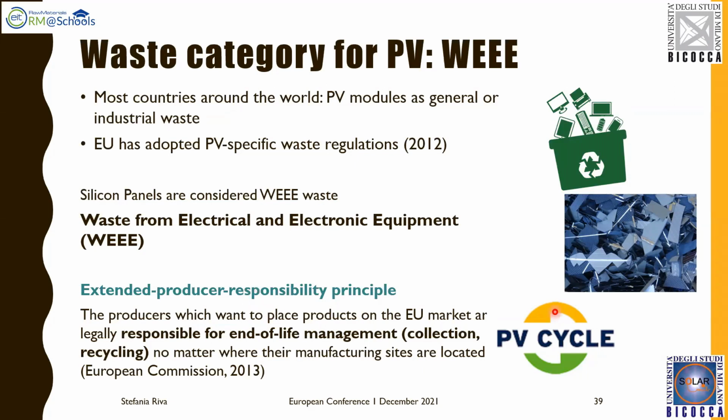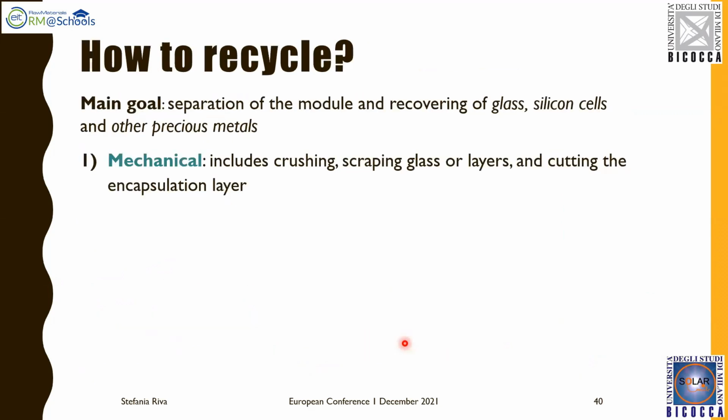And the regulation from the EU gives the producer the responsibility for the end-of-life management, so the collection and the recycling. To recycle, the first thing we need to do is separate the different layers, and this way try to recover the glass, silicon cells, and other precious metals.